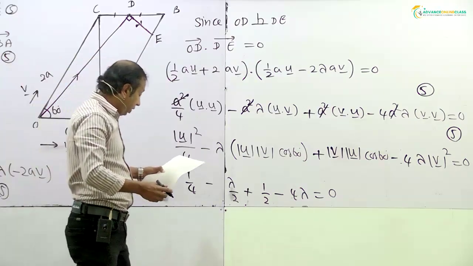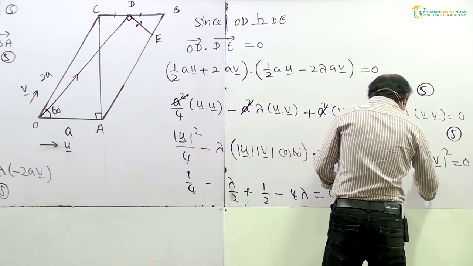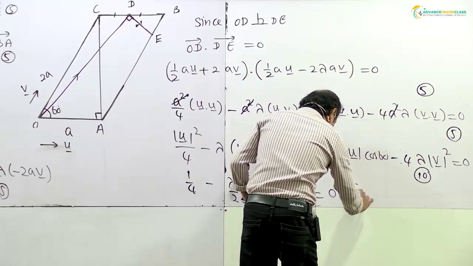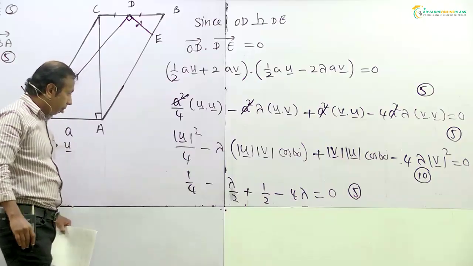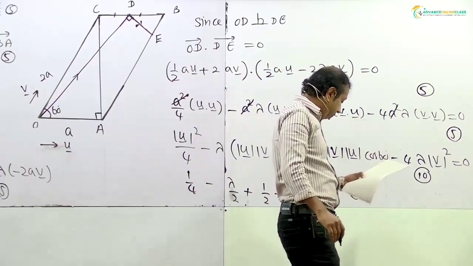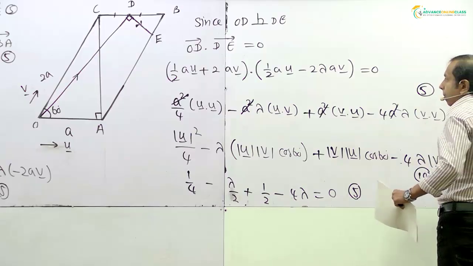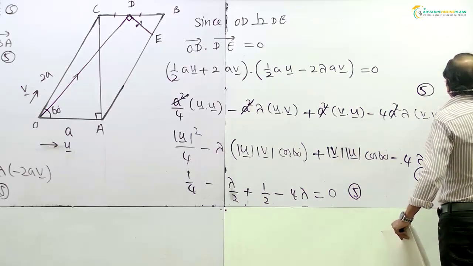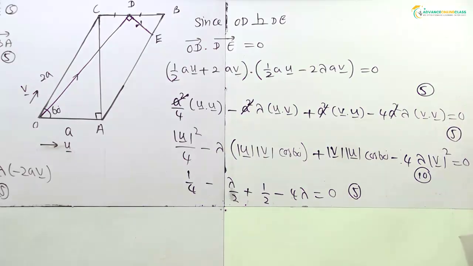Here you get 10 marks for this. Another 5 marks we get here. Simplify lambda by this. What do you get for lambda? 1 upon 4 plus 1 half. Take this lambda to the right hand side. 4 lambda plus lambda by 2.